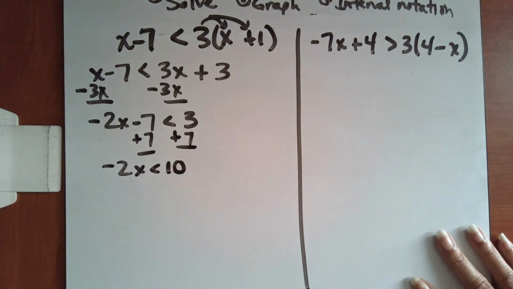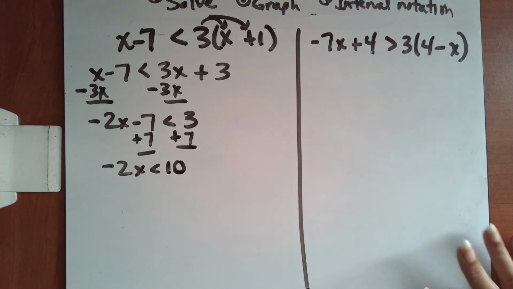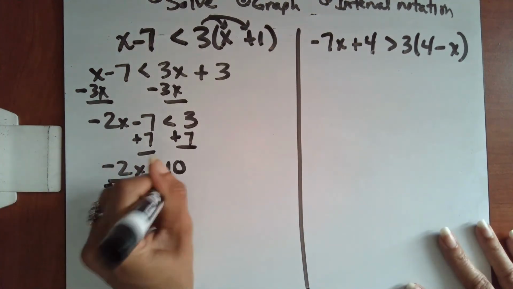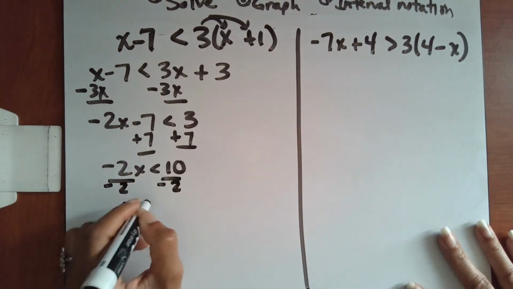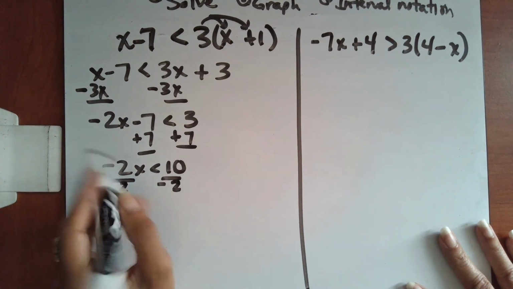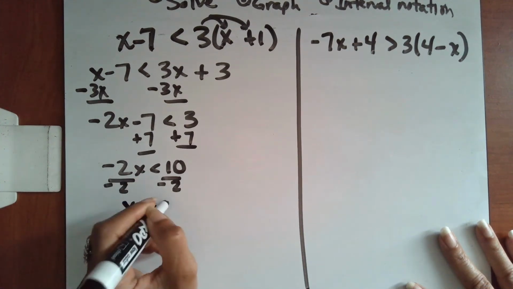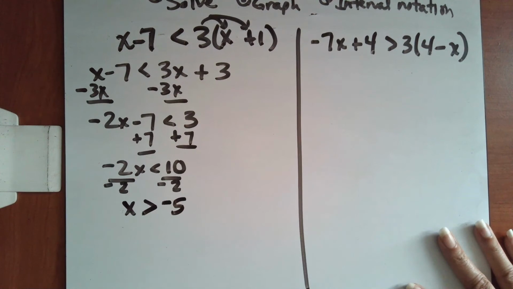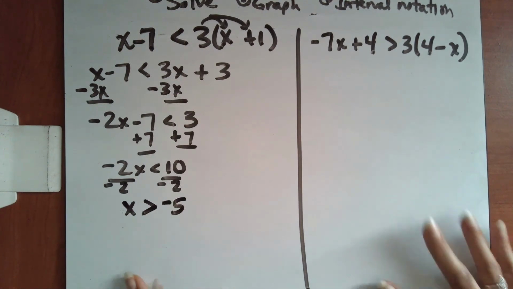And now I still need to get x by itself. So I'm going to divide both sides by what? By negative 2. So x is what? So because I divided by negative 2, this is the biggest thing you're going to have to remember. What has to happen? My inequality symbol must flip the other direction. So it becomes x is greater than negative 5.